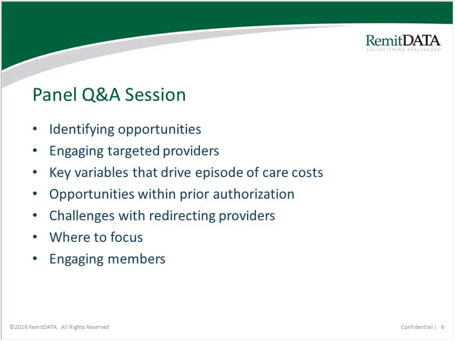Plans can apply a variety of different strategies to drive redirection. That can include the basic strategy of creating narrow networks that specifically move more procedures to providers that are more efficient. That type of strategy is getting more traction as a result of the healthcare exchanges, where you're seeing more narrow network products that are built to drive more aggressive price points.